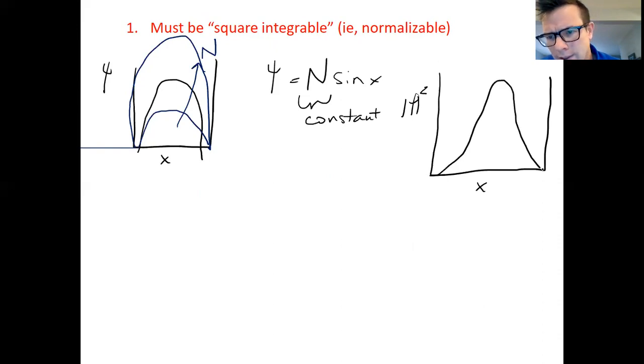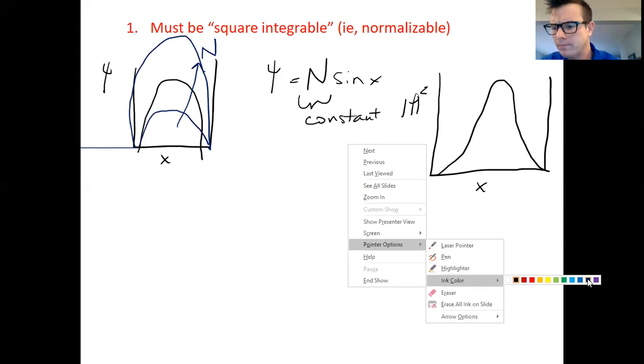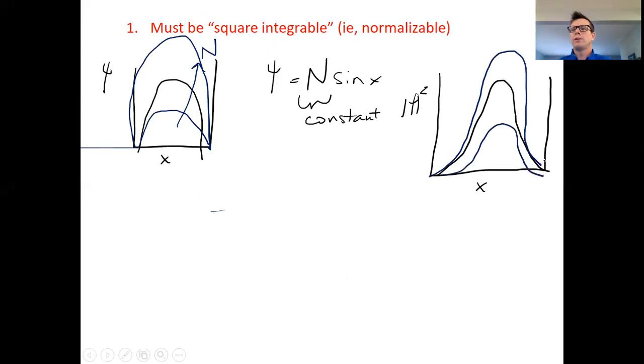It would look something like this. If I adjust n, again, the shape doesn't change. The only thing that changes is the height, so it would get bigger or smaller. And I know that this is related to the probability. Specifically, if I integrate all of this area, I have to get 1.